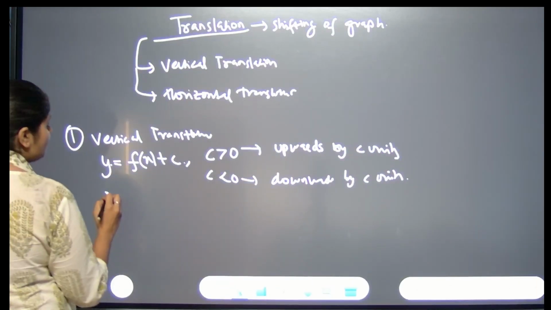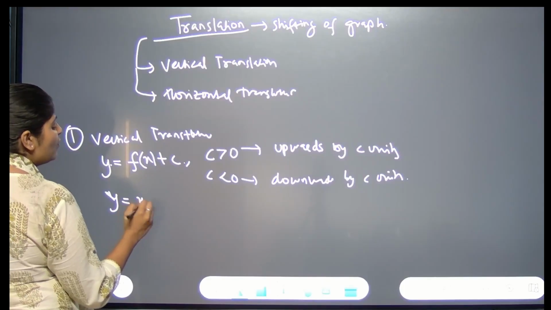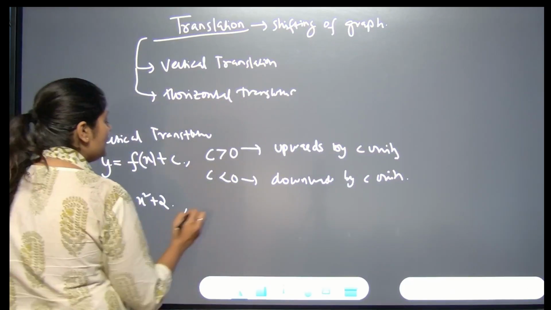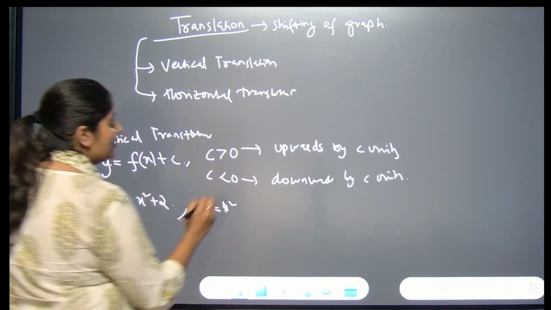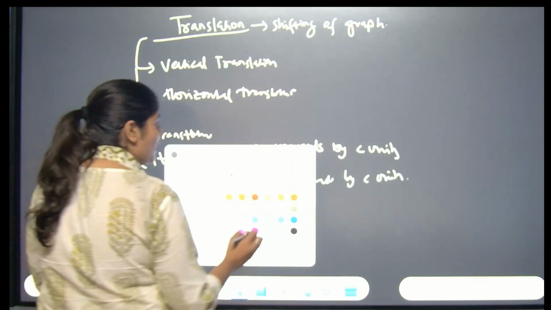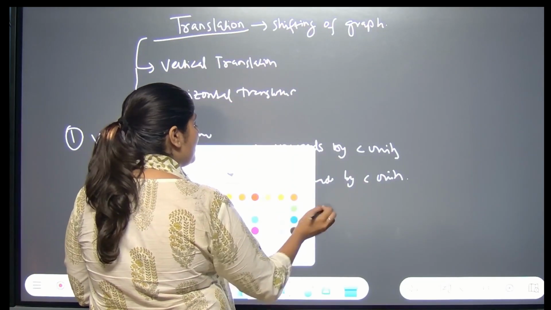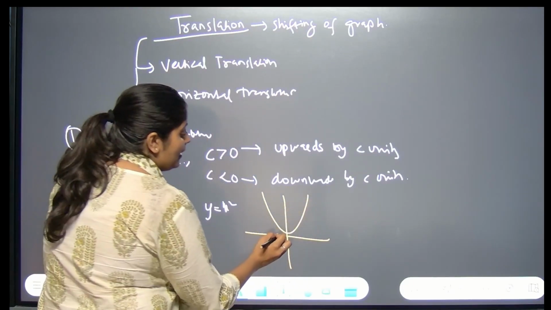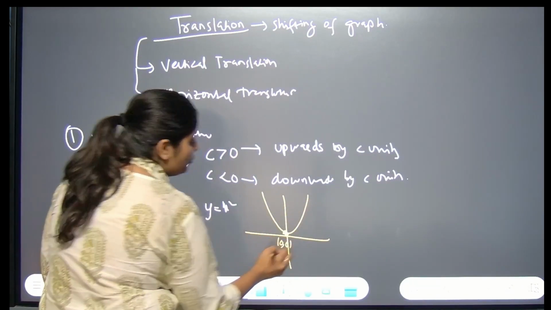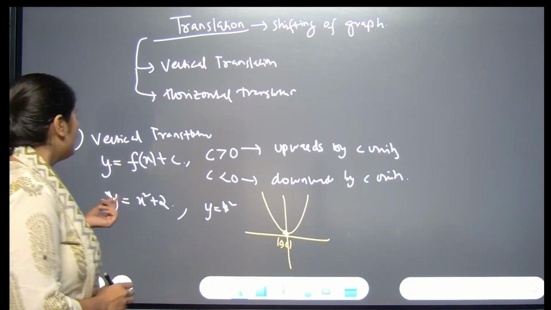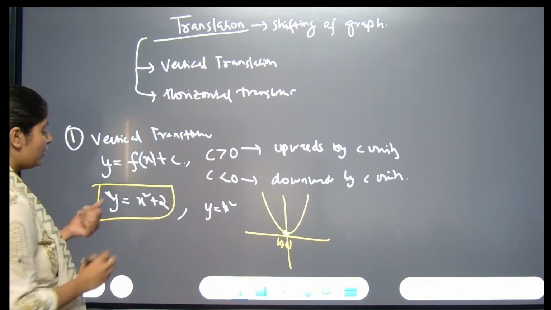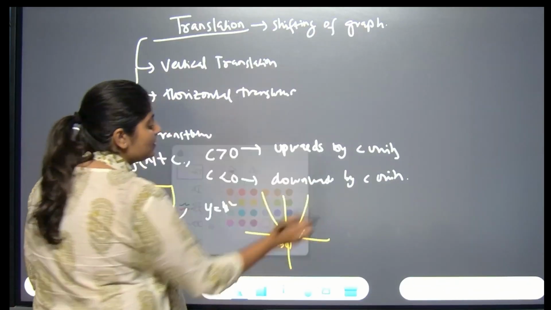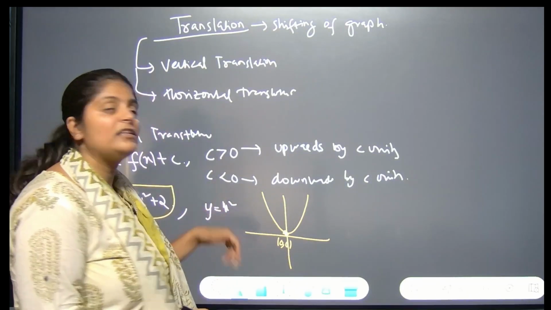If someone asks me to make the graph of y equals x squared plus 2, our original graph would be y equals x squared, right? We know the graph of y equals x squared is a U-shaped parabola, and its vertex is at the origin. So what happens when we transform the graph to y equals x squared plus 2?